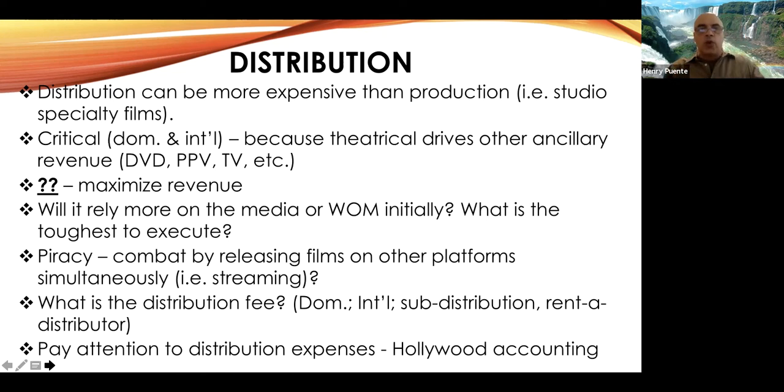If you expand it too quickly, the word of mouth hasn't caught up to the expansion, so it's going to die as well. So you have to expand the movie as the word of mouth is increasing. A good example would be Juno. They did a really good job of expanding the release as the word of mouth was increasing. But that kind of release is really difficult. It's really hard.